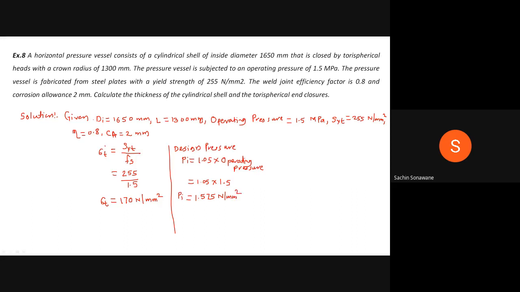Now we will calculate the thickness of the cylindrical shell, because they have asked to calculate the thickness of the cylindrical shell and the torispherical enclosures. First of all, thickness of cylindrical shell.